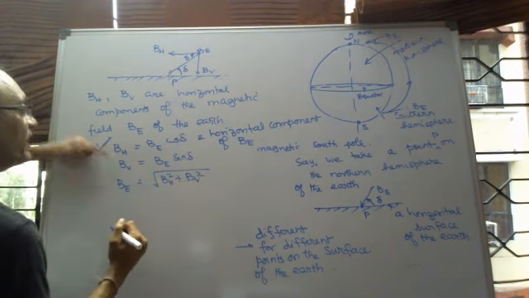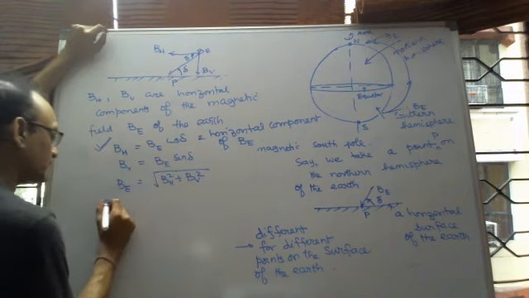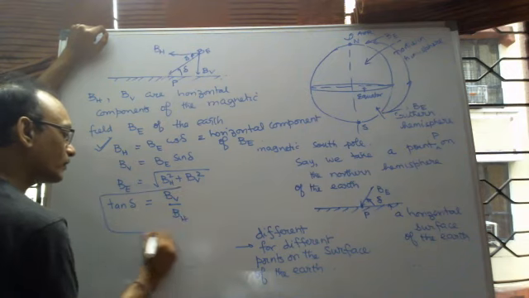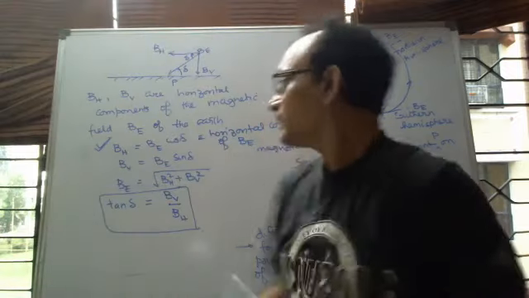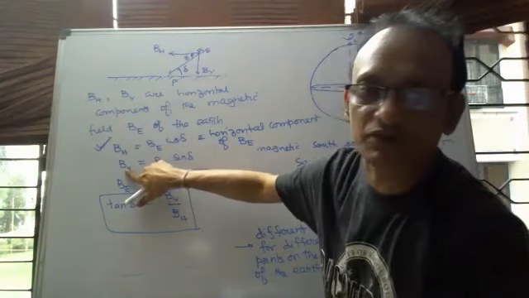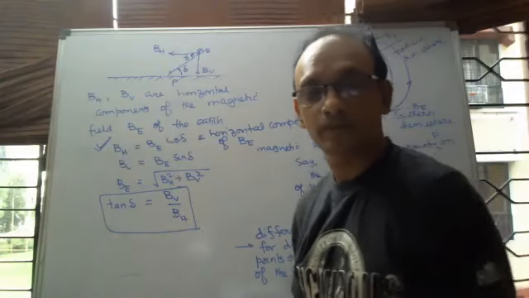Also, if I divide this by this, then tan delta, tan of the angle of dip, would be the vertical component of the magnetic field at that point divided by the horizontal component of the magnetic field at that point.